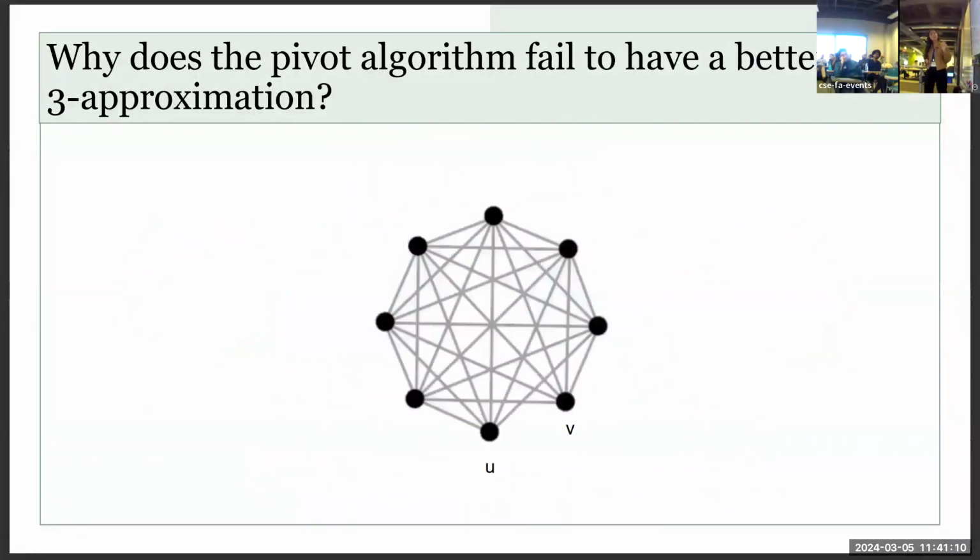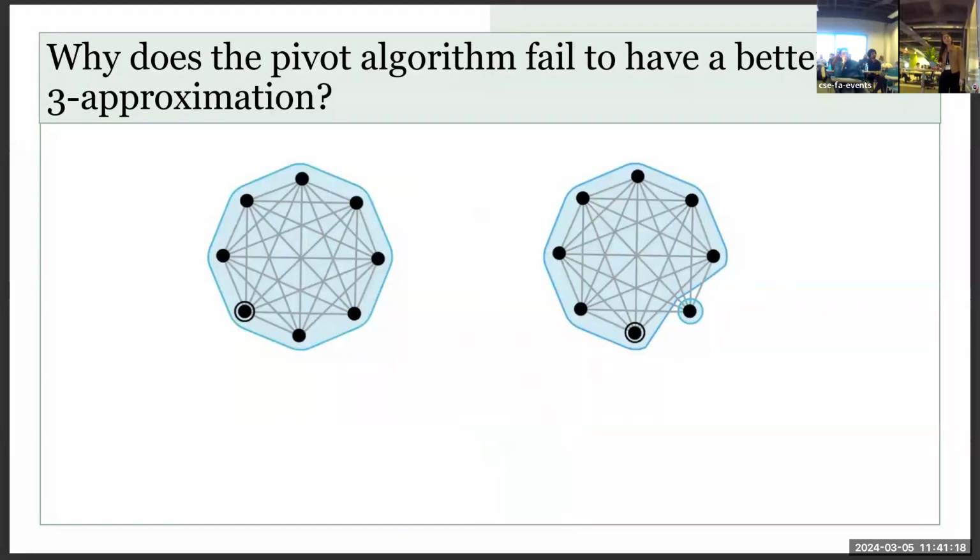Another problem could appear here: we have a complete graph without one specific edge. The optimal solution would be just to put everything in one cluster, and if we do this, we pay only a cost of 1.